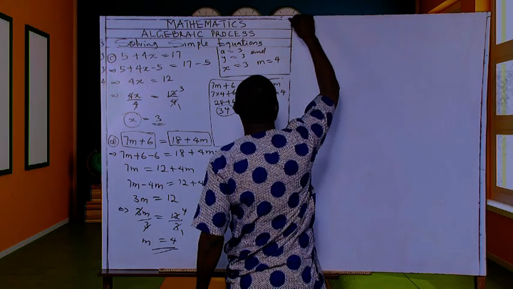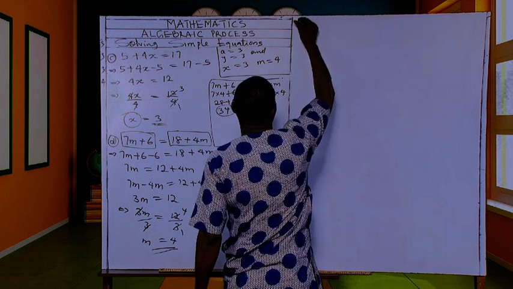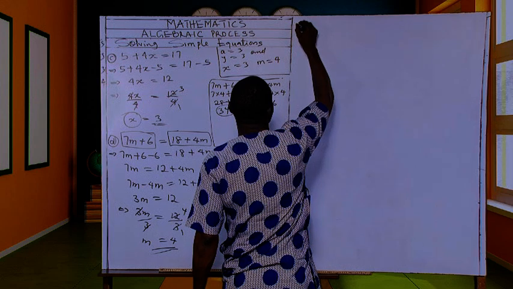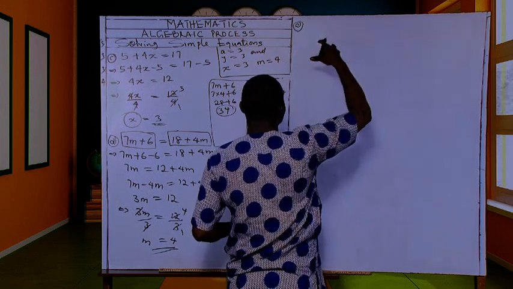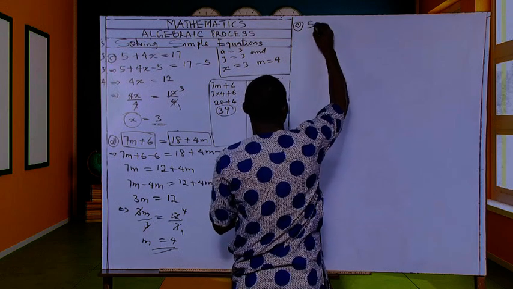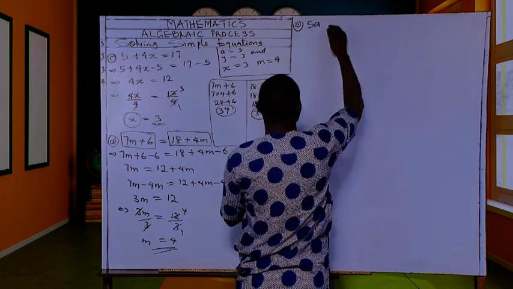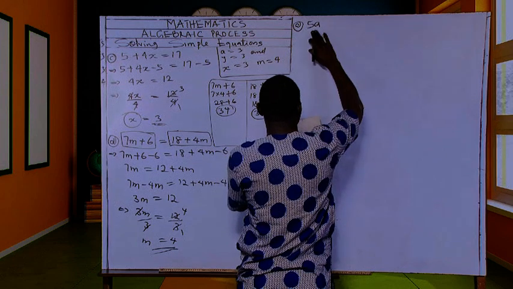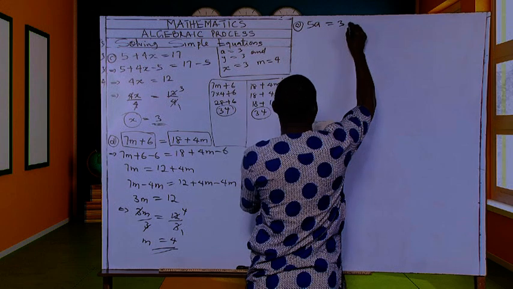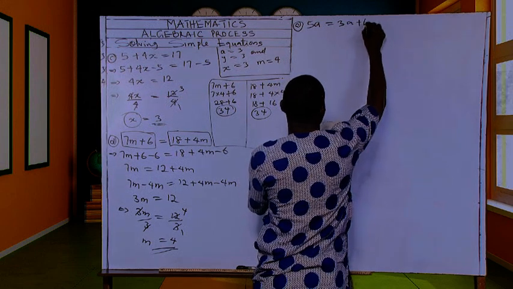The questions we want to solve now using another method are: A, 5A equals 3A plus 6.